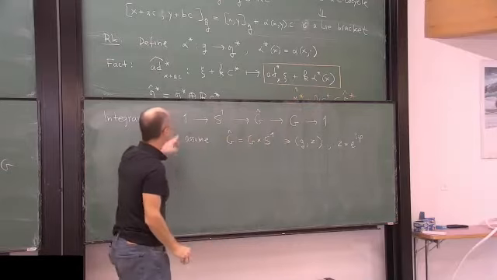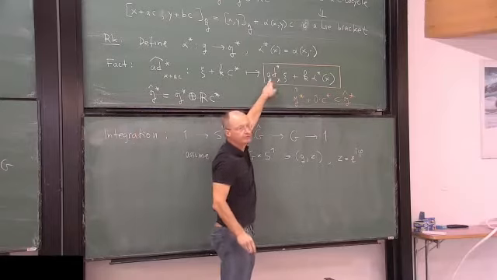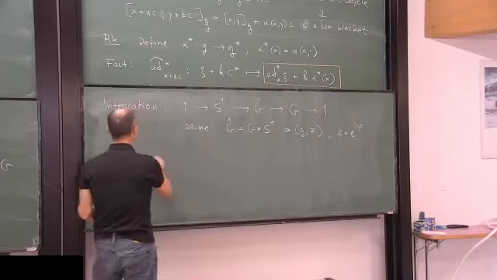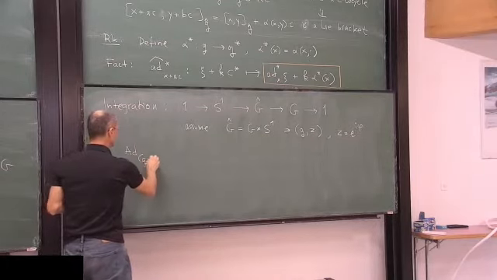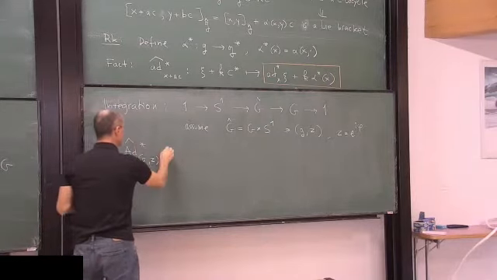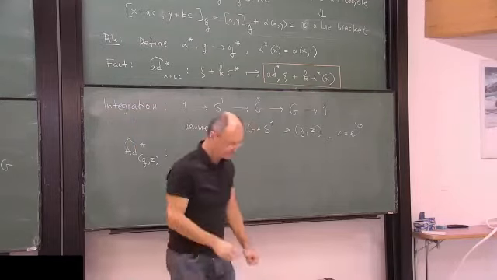Now I would like to give you an analog of this formula, but for the group action. So how does the group G hat act in its coadjoint representation?